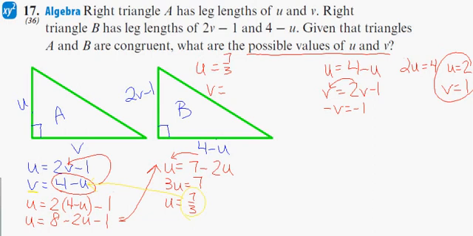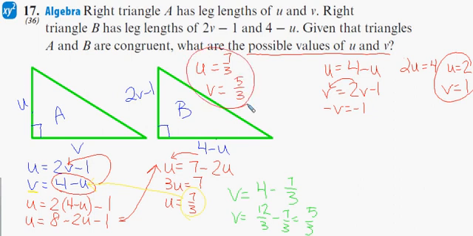That gives me V equals 4 minus 7/3. If I get a common denominator, that gives me V is equal to 12/3 minus 7/3, which tells me that V is equal to 5/3. So this scenario is one of the possible values, and this scenario is one of the possible values.